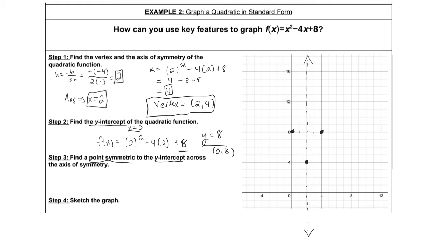As a hint, it should be the same distance from the axis of symmetry but on the opposite side.